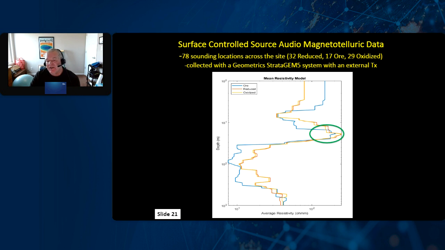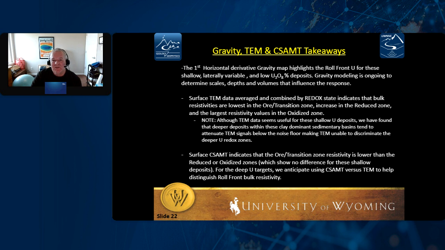They are higher though in a resistivity sense than the ore zone. So it's confirmational. Hopefully this summer when we apply MT or shallow MT or CSAMT to those 200 and 300 meter deposits, we'll get some interesting results. But at this point, it's good to understand what we're looking at.